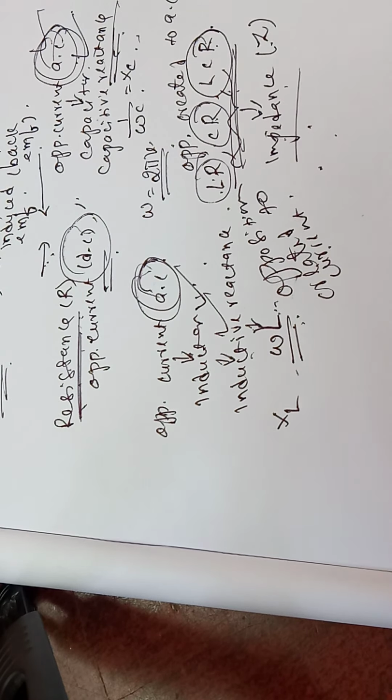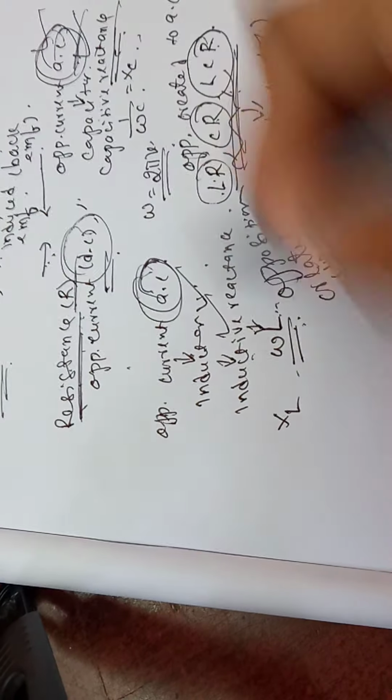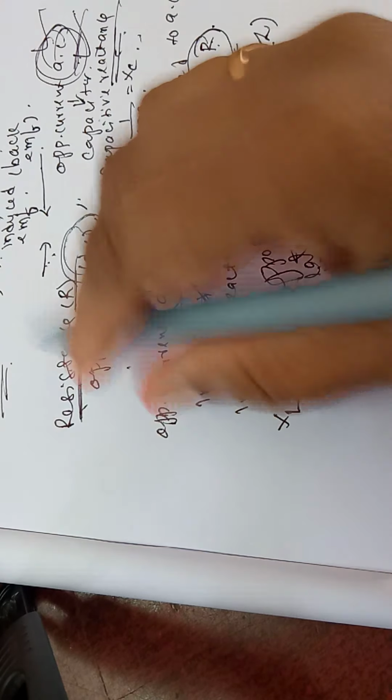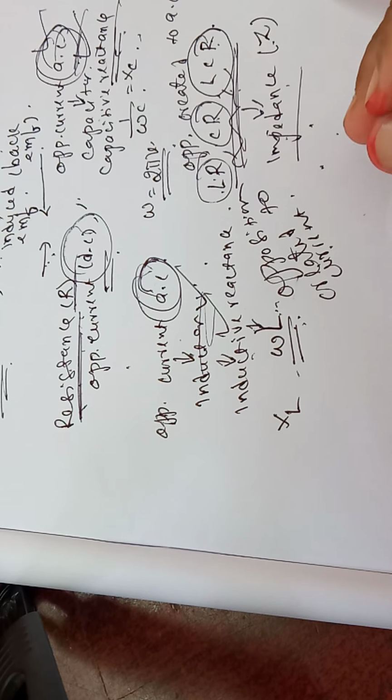Is it necessary to connect such opposing components in the circuit? If we don't connect them, maximum current will flow through the circuit.